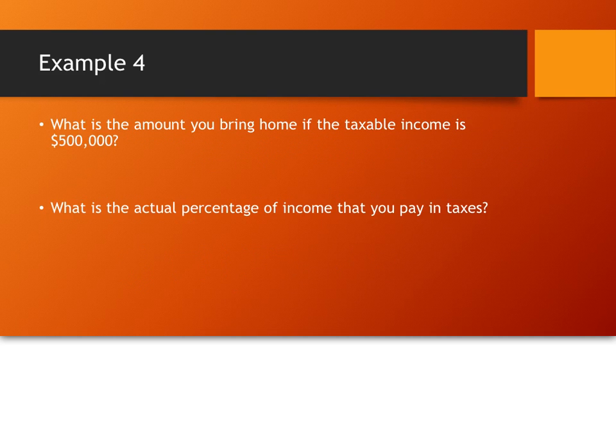So the question comes again: now figure out what amount you bring home and what the actual percentage is. And again, push pause on the video and try to do this on your own, and then I'll come back and explain it.